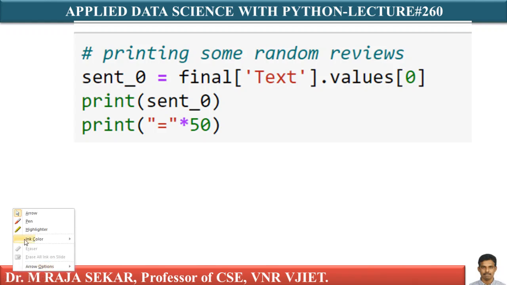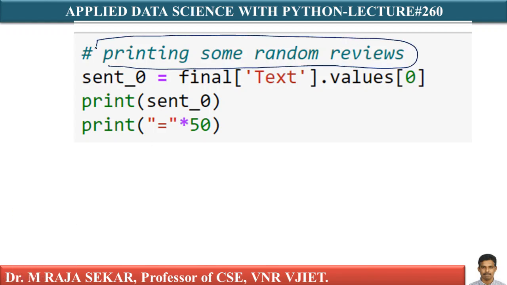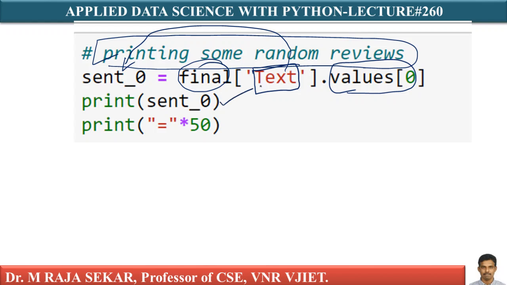What am I doing? I am printing some random reviews. My table name is final and my column name is text. Values of 0 means the first value, corresponding to the first row. This text value I am keeping in the sent_0 variable and I am printing it.